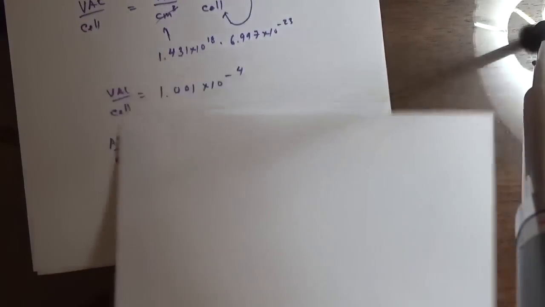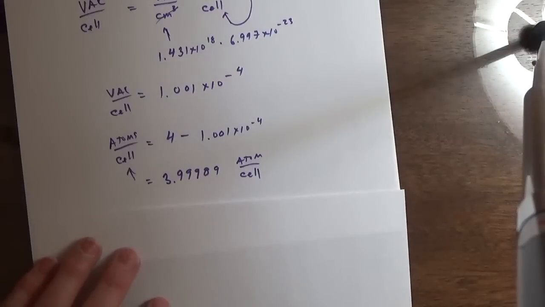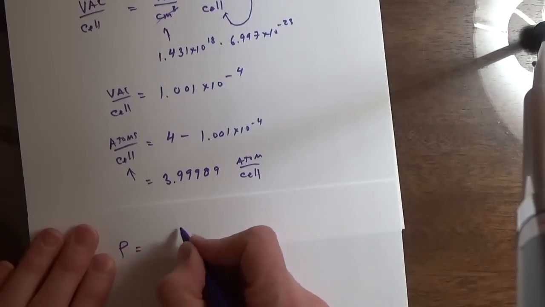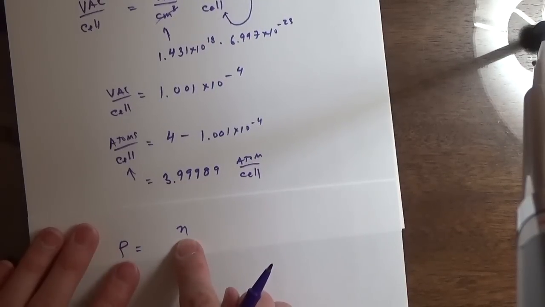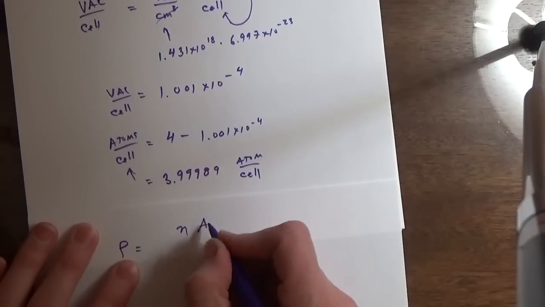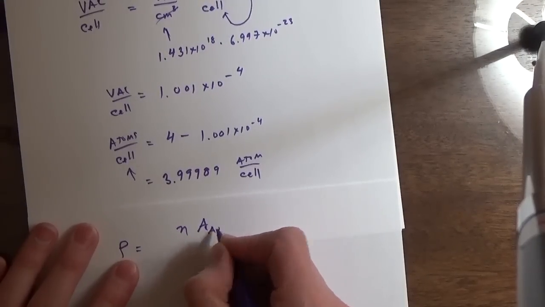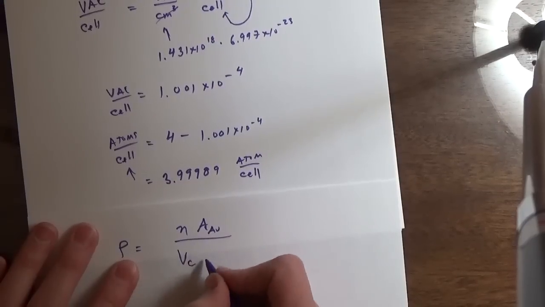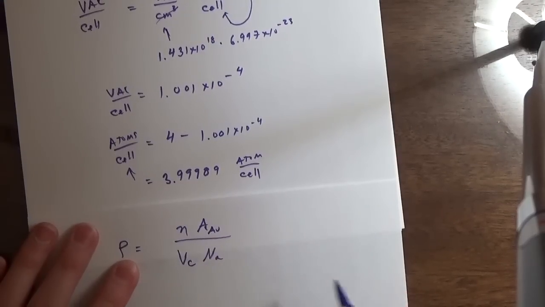And if you remember back from chapter 3, we had this equation. The theoretical density was the number of atoms per cell times the atomic mass divided by the volume per cell times Avogadro's number.